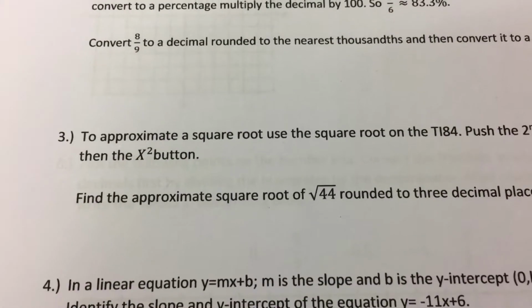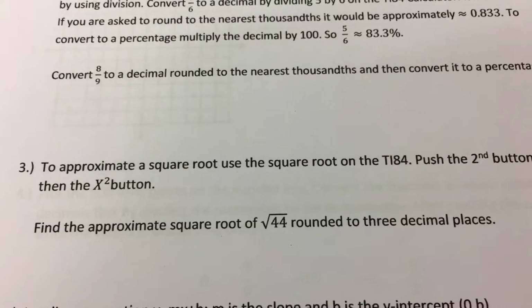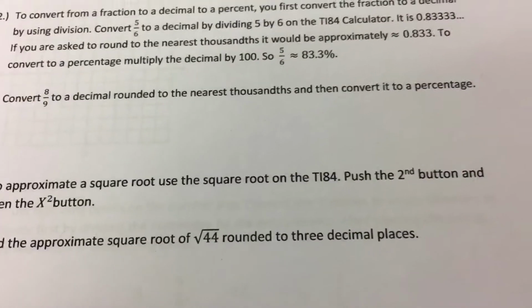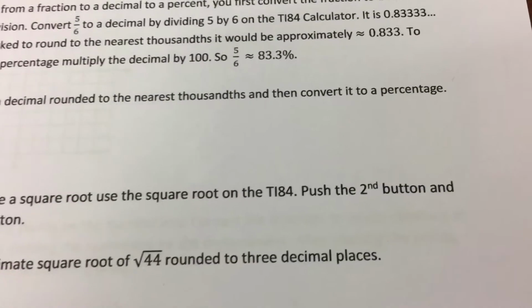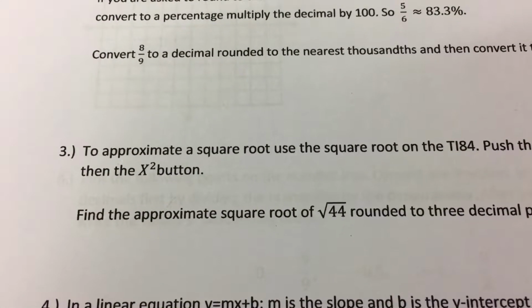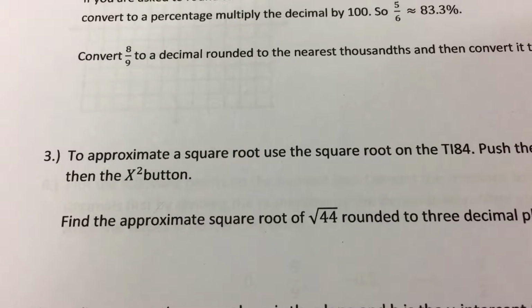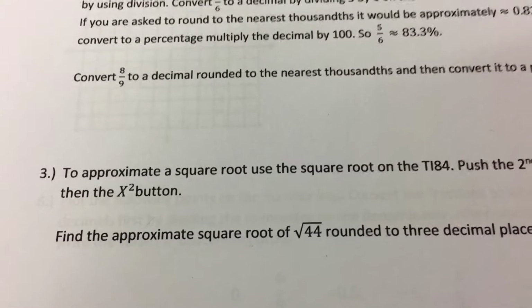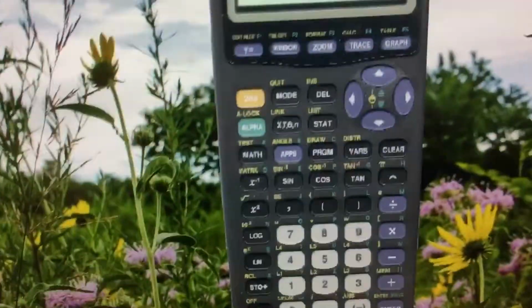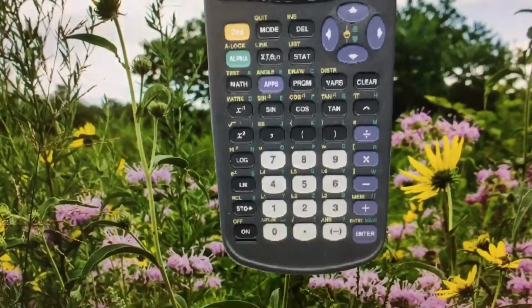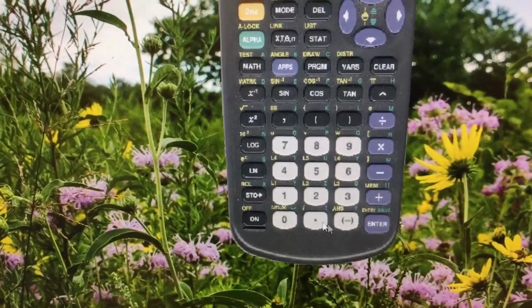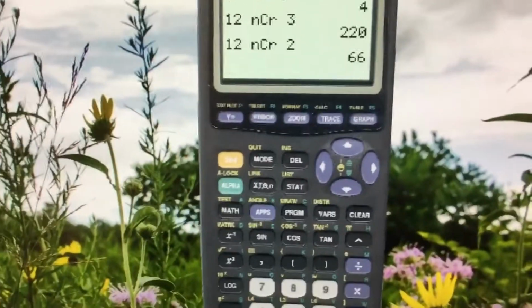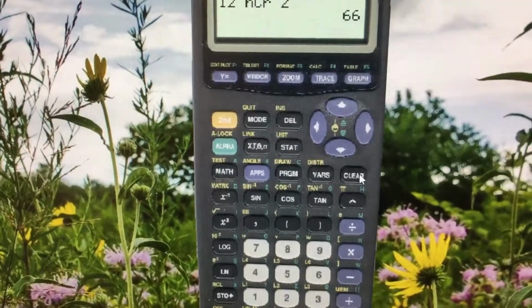The next thing asks you to approximate a square root using the square root key on the calculator. You push the 2nd button and then the x squared button on the calculator. For instance, this says find the square root of 44. On the calculator, I'm going to first turn it on, and push clear.